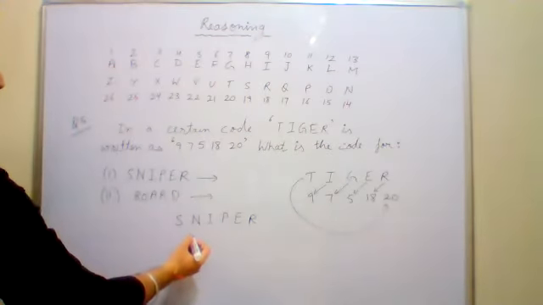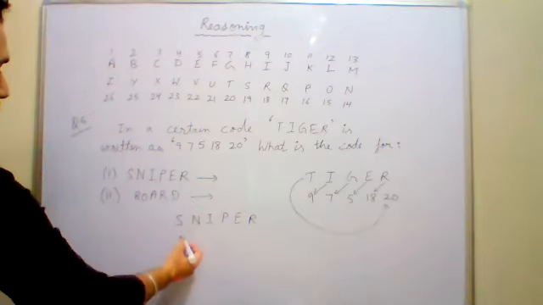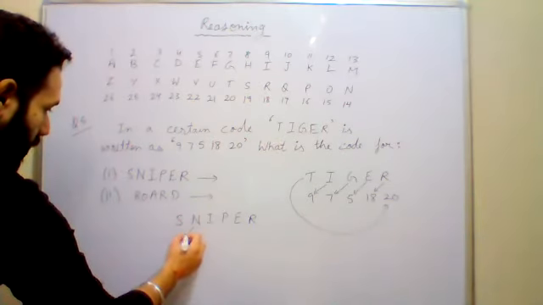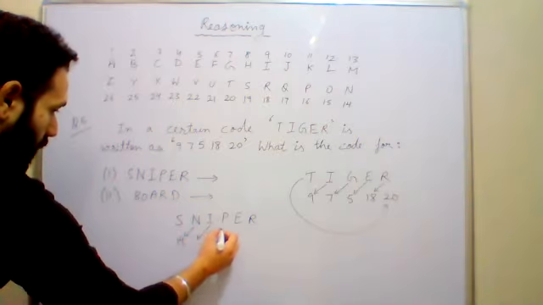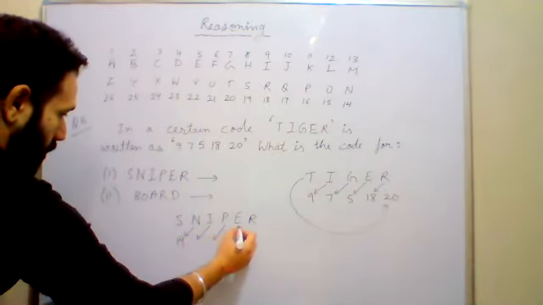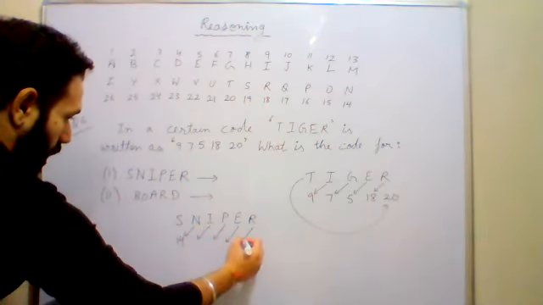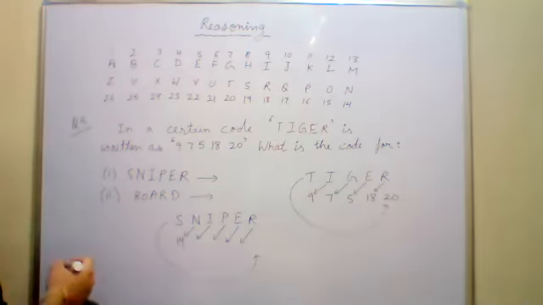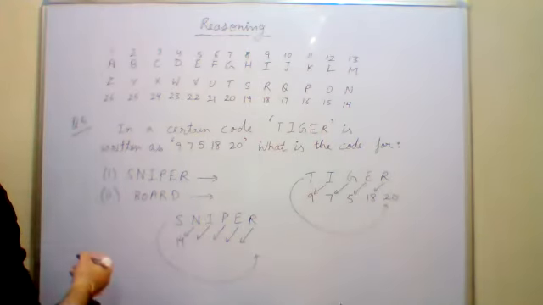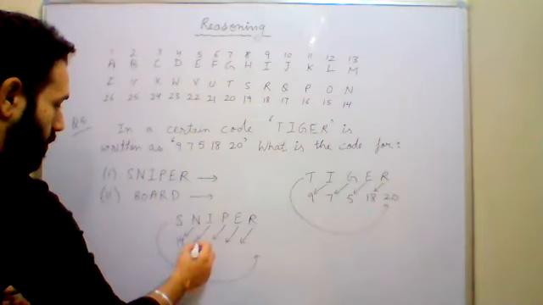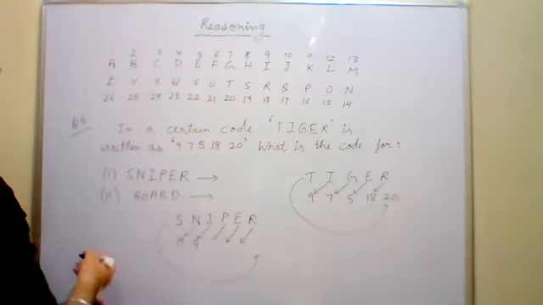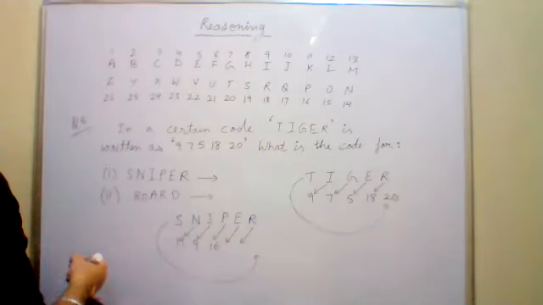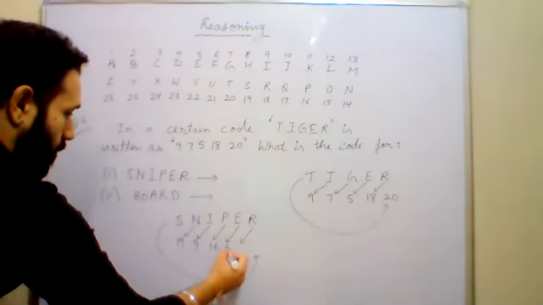So first we will write N here. What is the code for N? 14. So here N, then here I, then P, E, R, and S will be written last. What is the code for I? 9. Code for P is 16. Code for E is 5.